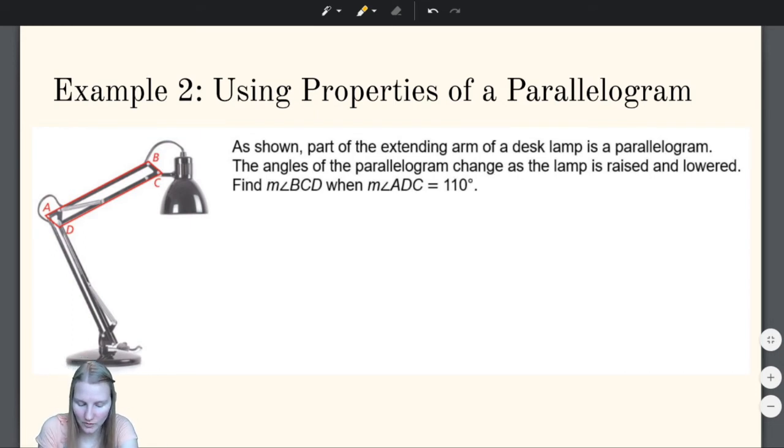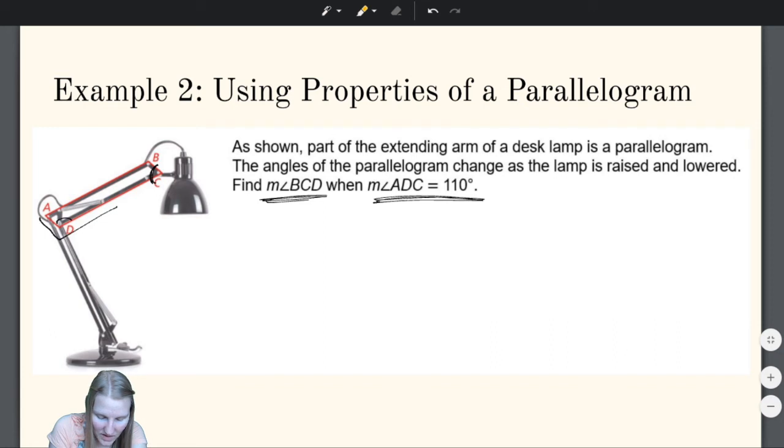So they want us to find the measure of angle BCD. So BCD is this corner. They want us to find the angle measure of this corner when ADC, when this corner is 110 degrees.